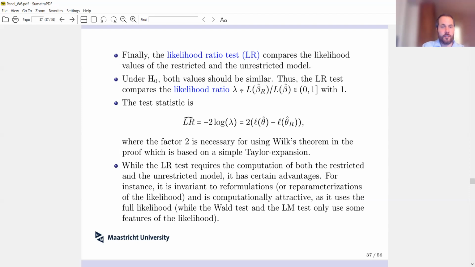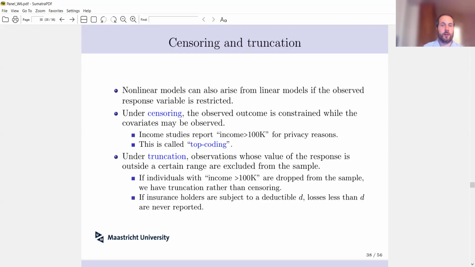Okay, so these are three popular tests. And now we talk about different types of nonlinear models, and in particular about censoring and truncation. Sometimes we have a model that is actually linear, but the response variable is restricted, and therefore we need to treat this model as if it was a nonlinear model.